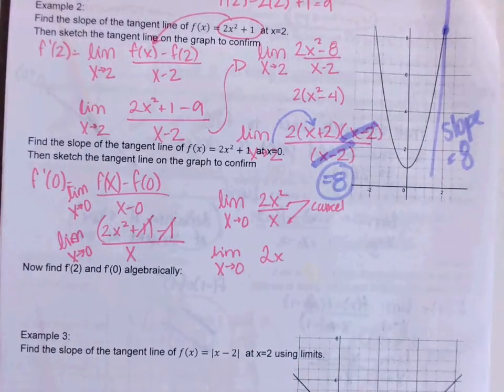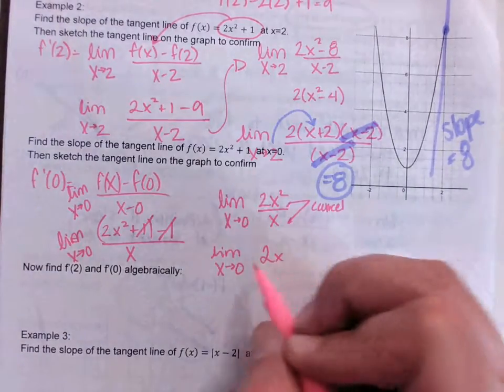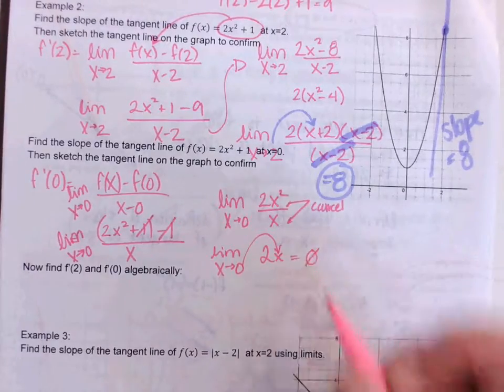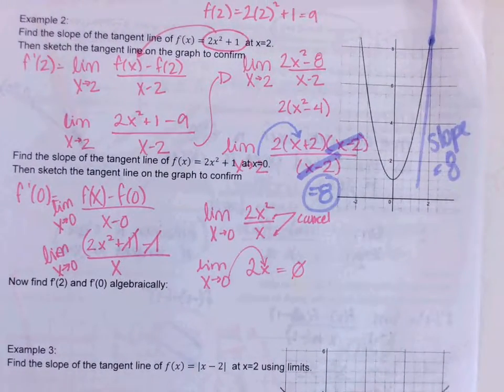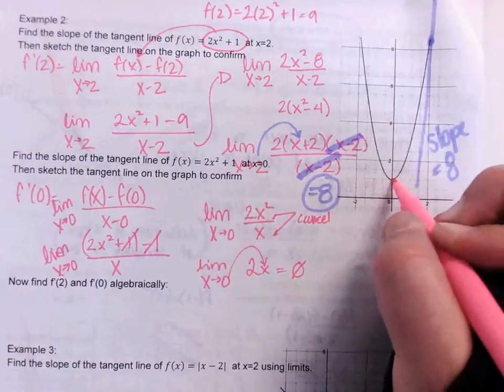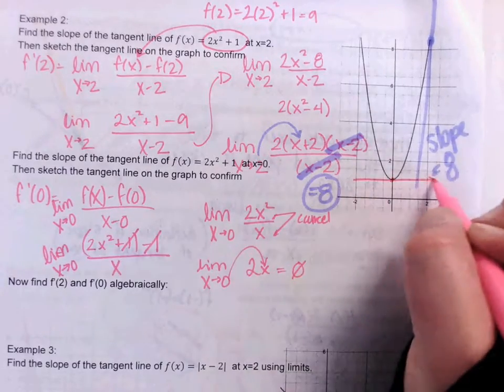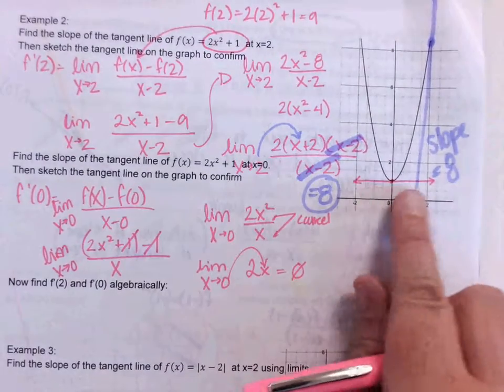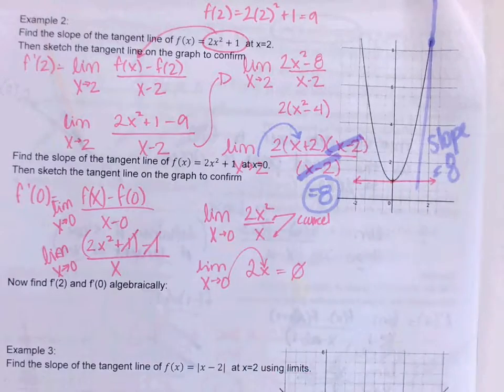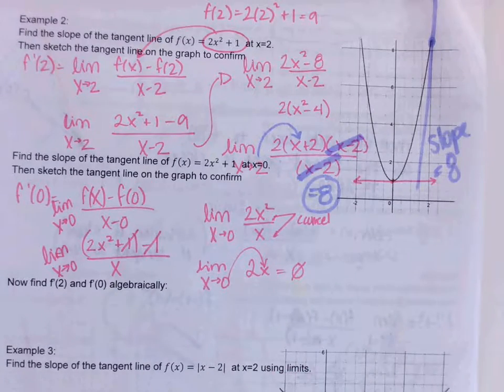And if x is approaching 0 on 2x, what do I get when I plug that in? 0. Now look at your graph. At 0, does it make sense that my answer came out to be 0? Look at your tangent line. At that point, what's the slope? 0.